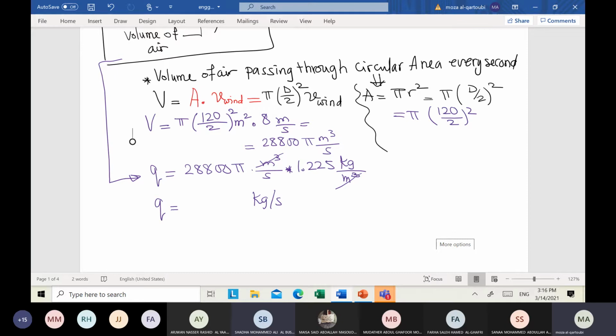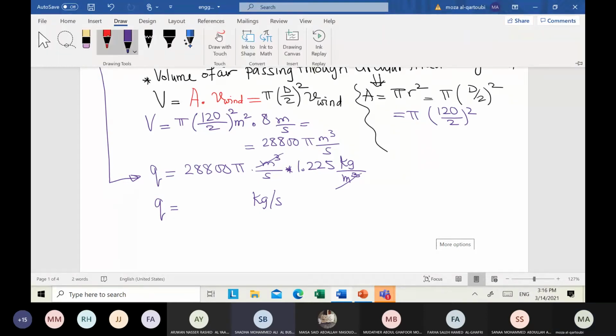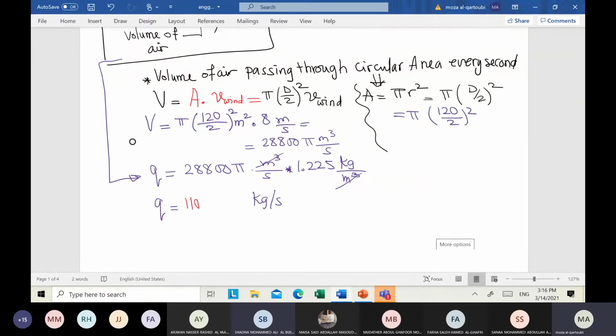Without pi now, we need the final answer without pi: 1.1 0835, point 0.38.